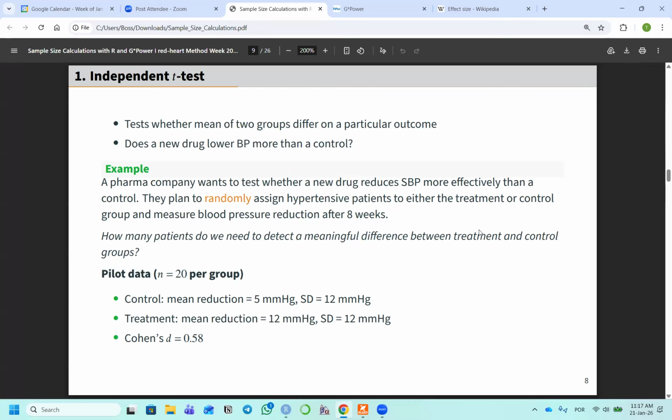Randomization by itself reduces bias, so allocating our patients randomly to the control and the new treatment is what we mostly recommend. They measure the blood pressure reduction after 8 weeks, and they come to me, or maybe to you, asking how many patients we need to recruit to detect a meaningful difference between the treatment and the control.